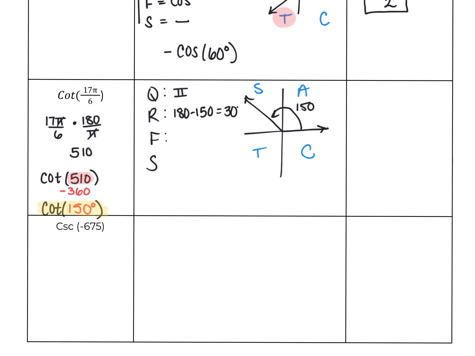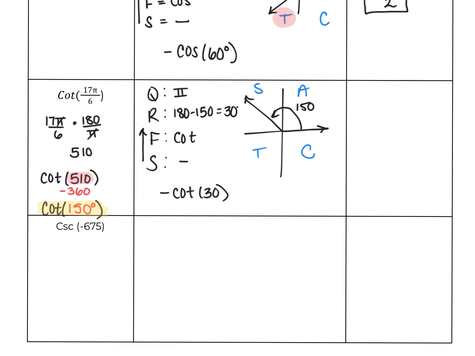For our function, we're dealing with cotangent, so we can go ahead and write cotangent. And for the sign, S for quadrant 2, sine is the only thing that's positive. Therefore, cotangent will be negative. So if we read it from the bottom up, it's negative cotangent of 30.